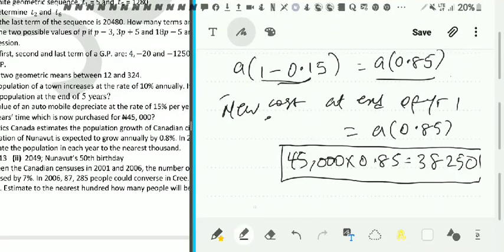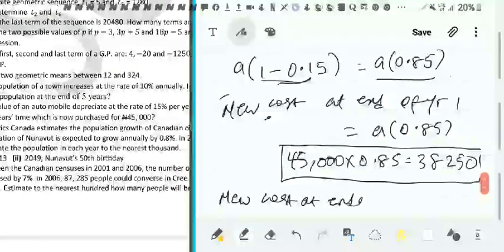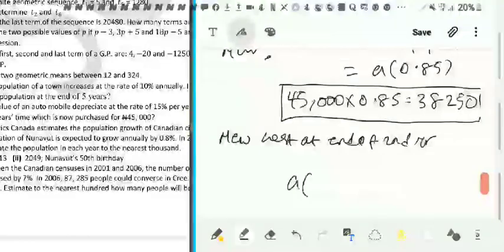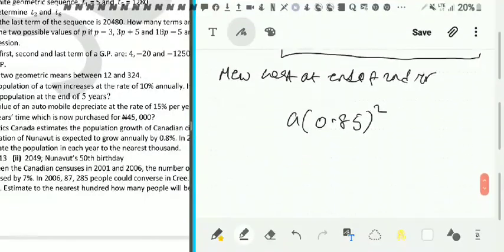So we're going to be using the logic from the previous example. The new cost at the end of the second year will be A open bracket 0.85 squared. At the end of the third year, A open bracket 0.85 cubed. Okay, so we're going to be doing that.